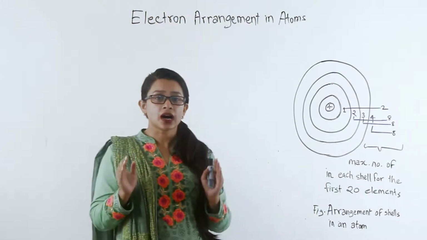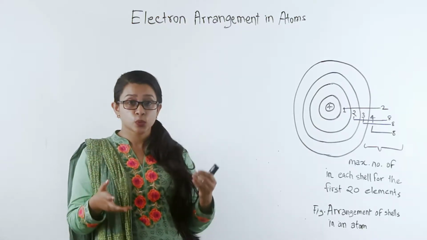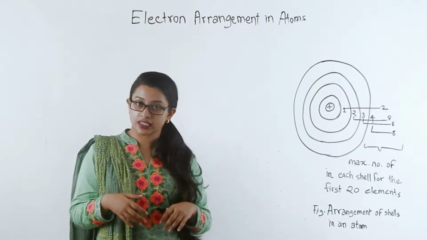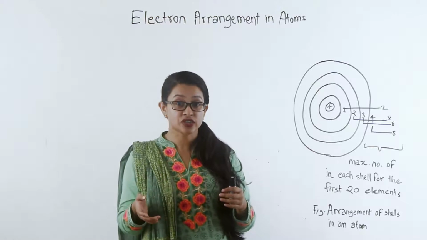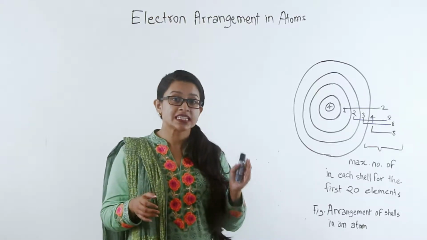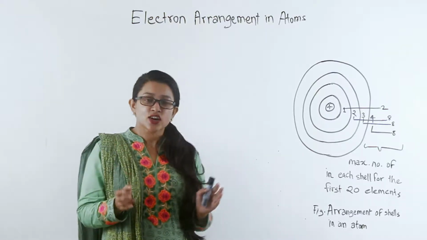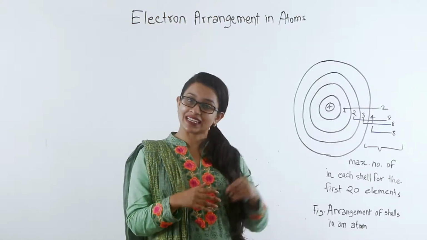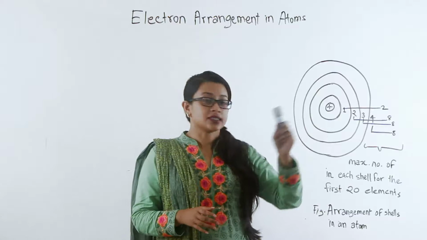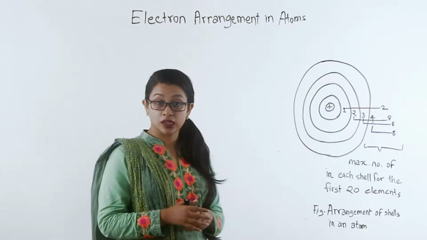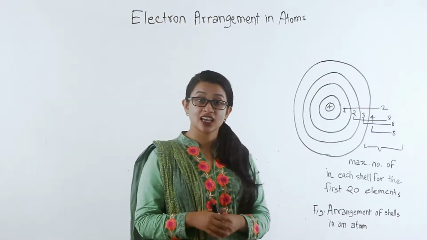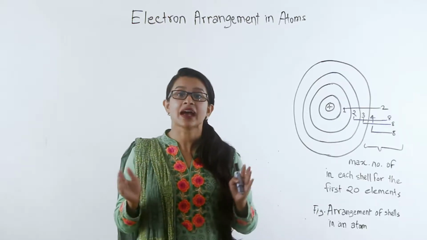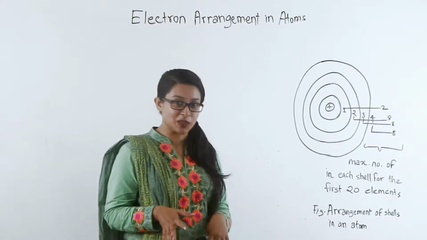So up until the first 20 elements in the periodic table, which is starting from hydrogen and ending at the 20th element, the electronic arrangement of the atom of those elements looks something like this. You have the nucleus, and in the first shell you have 2 electrons, and that is the maximum capacity of the first shell, you guys.